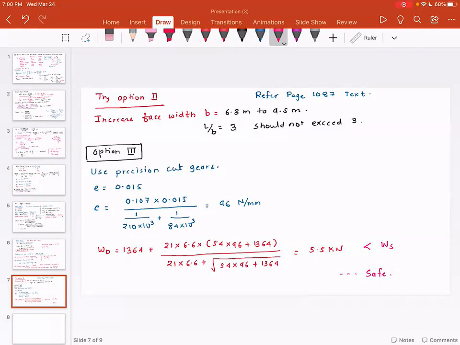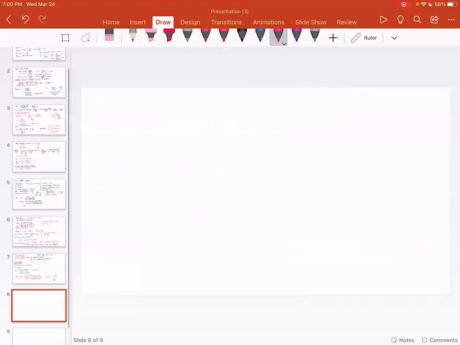I'm gonna give you a minute and see if there are any questions. So this is the trial and error that is quite common with design problems. Now let's go to the next part where we have to check for the wear load.